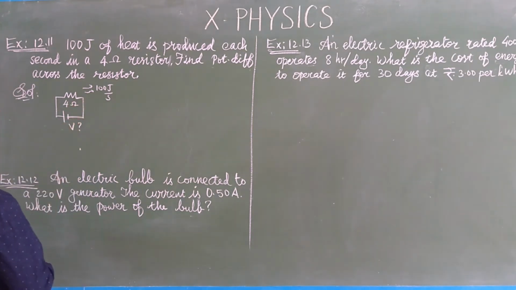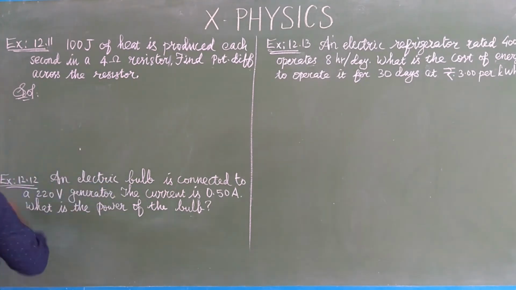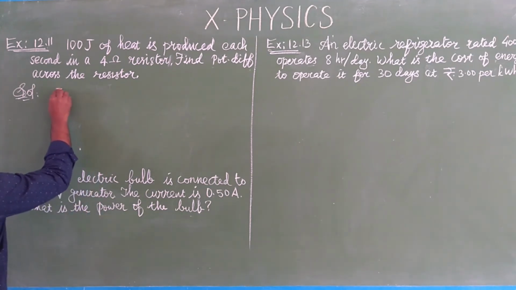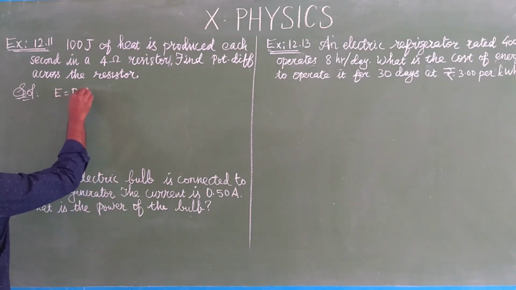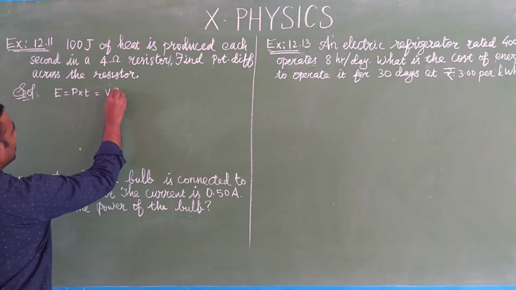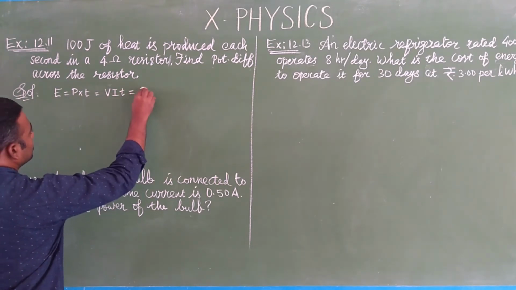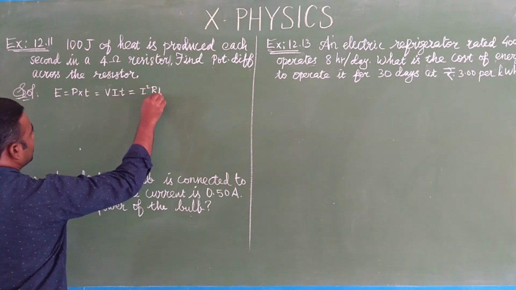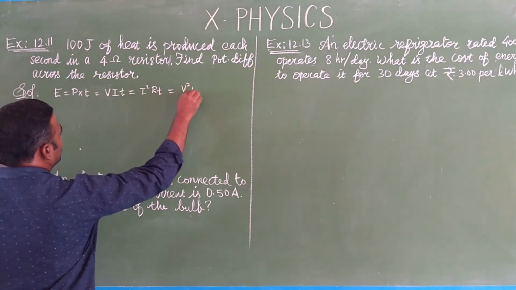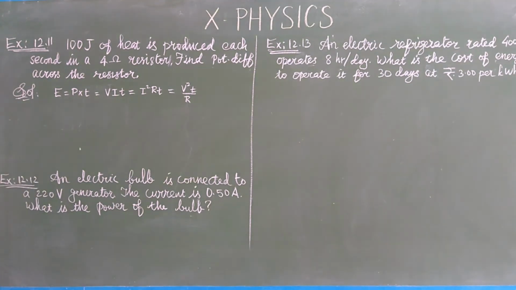So we know already, we want to calculate the potential across the resistor. Energy is equal to power into time. But power is a product of potential and current, and this is Joule's law of heat, which is I square RT, that is also equal to V square T by R. So to determine the potential difference, we should know the resistance first.